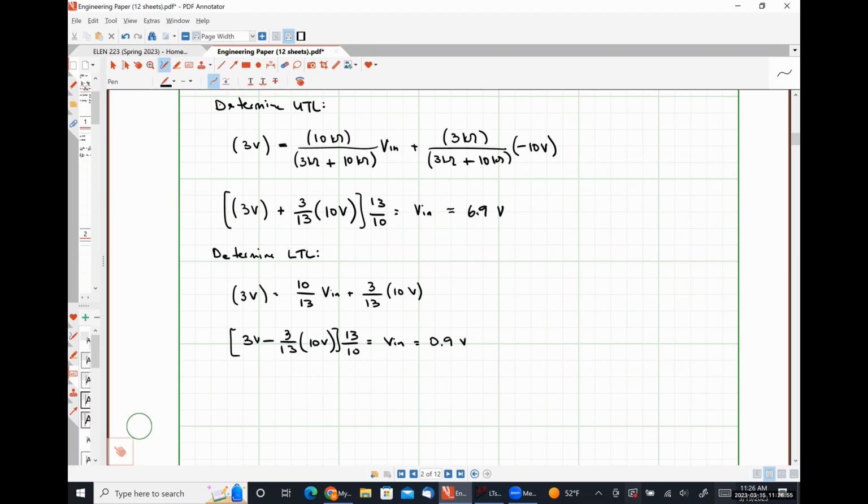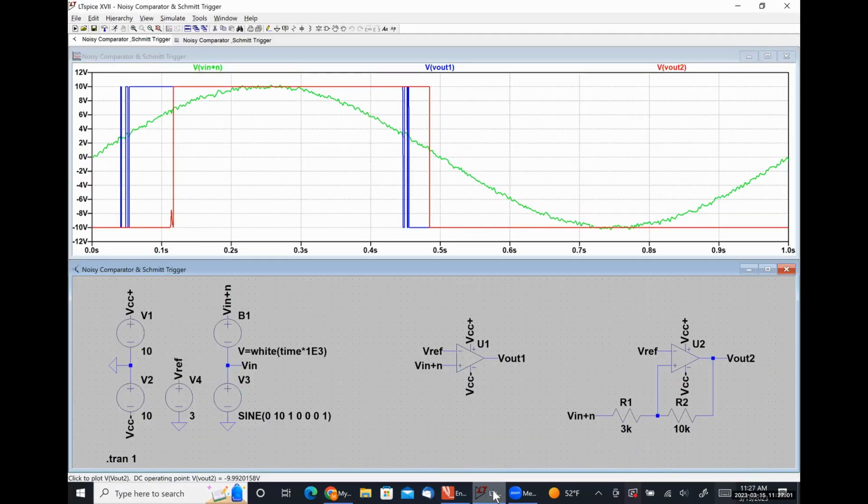So, let me find this. All right. So I'm going to show you a little bit better way to look and determine what the lower trigger limit and upper trigger limit is based on the graph. This is going to be a funny looking graph, so I'm going to need to explain it a little bit. The first thing I'm going to do though is delete the comparator information.